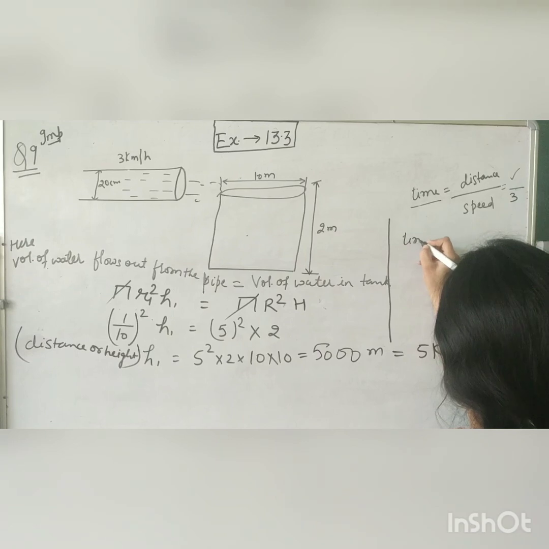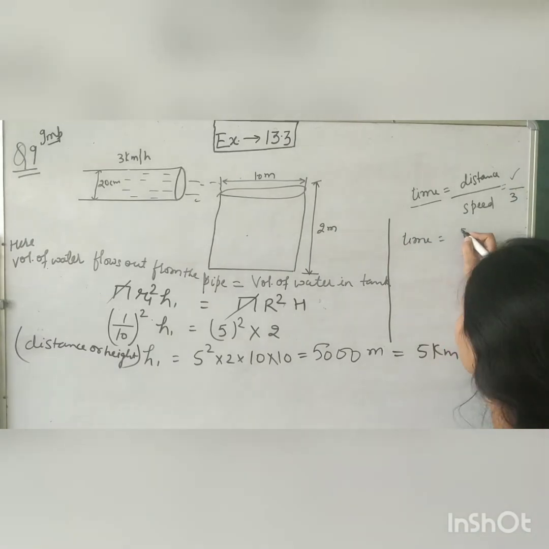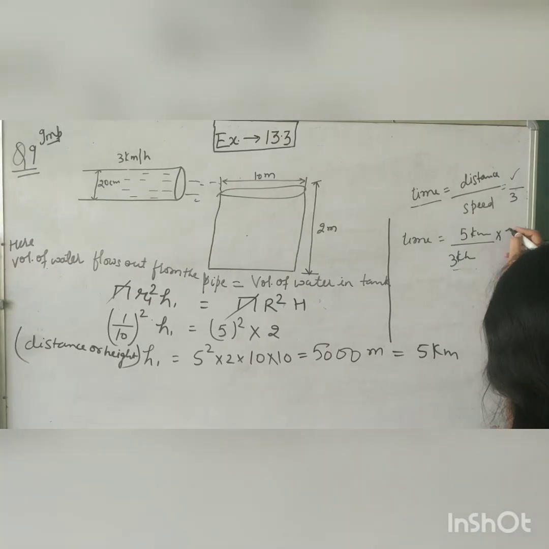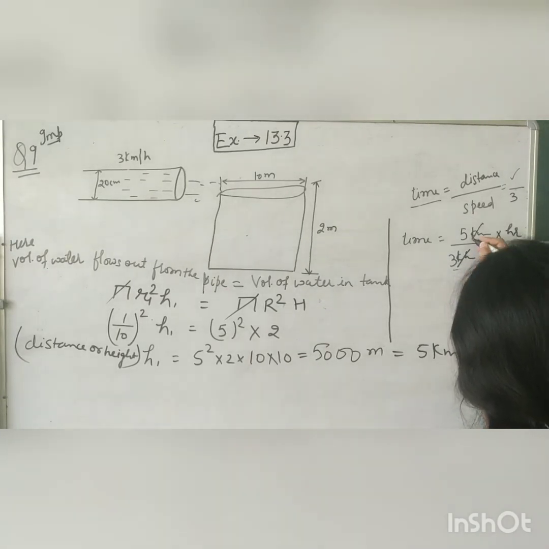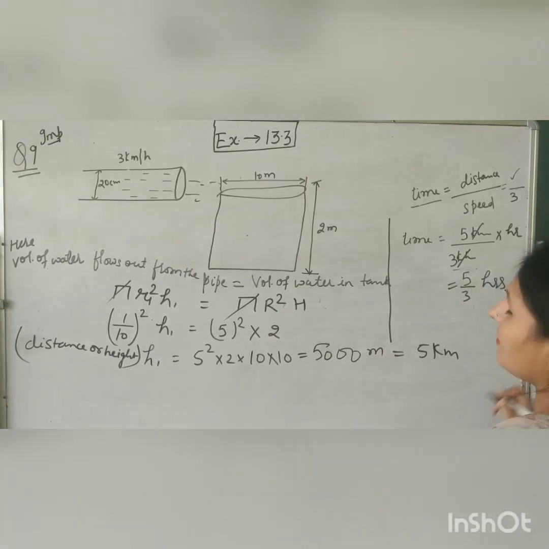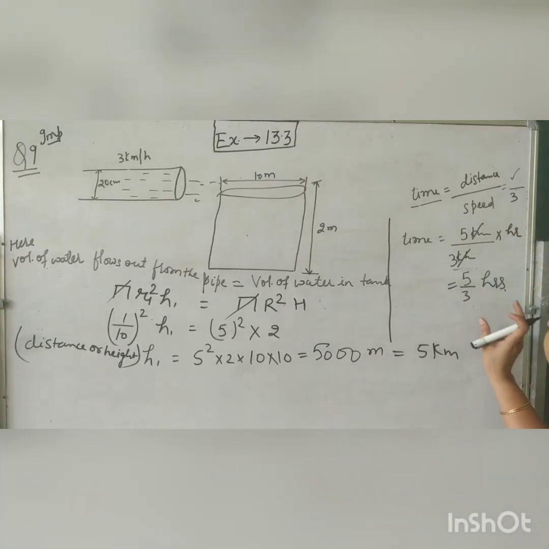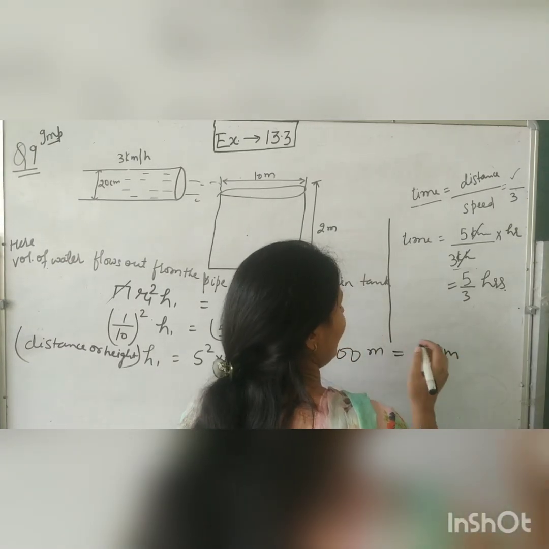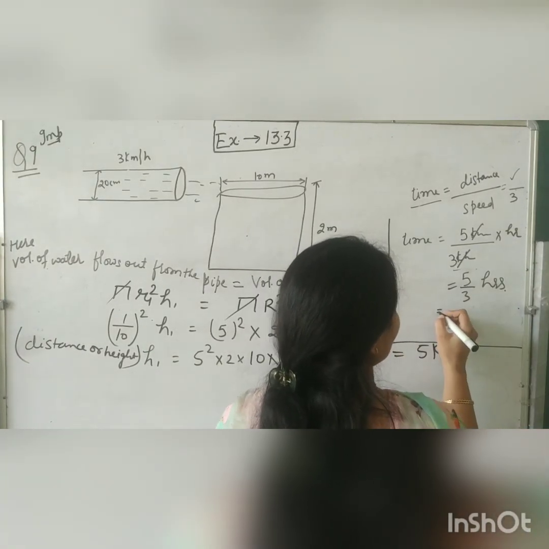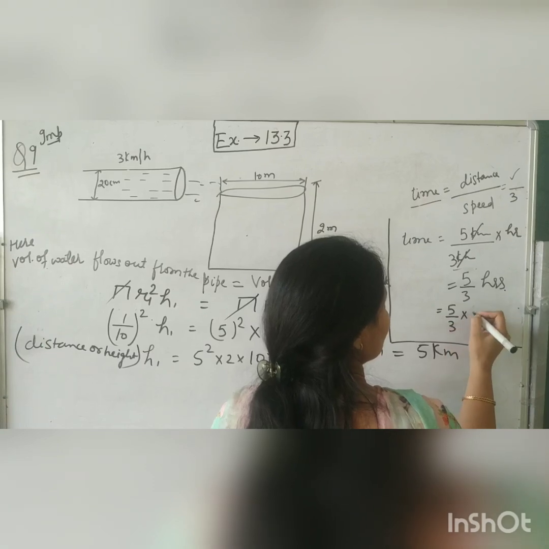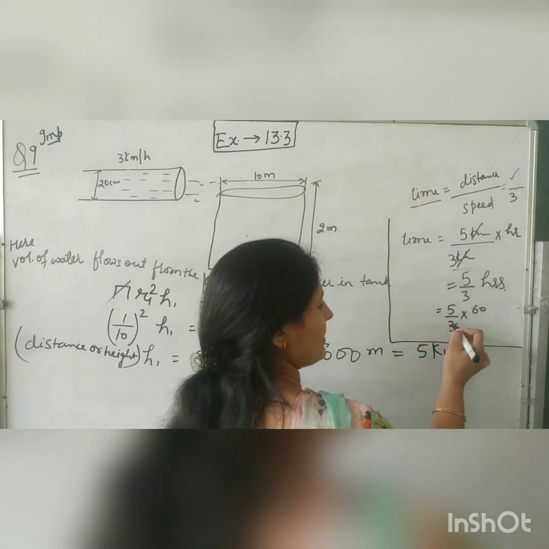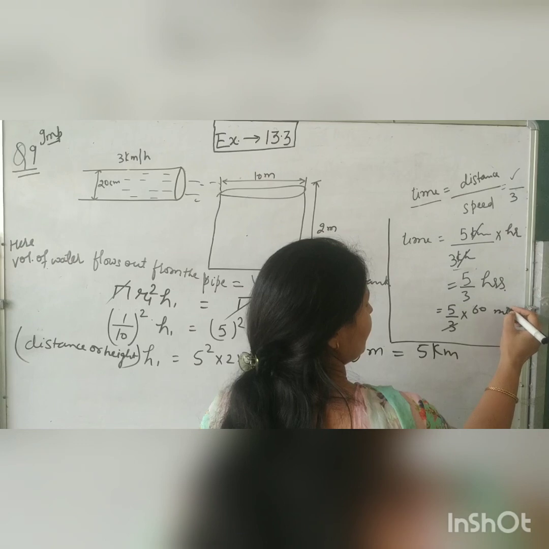Time is equal to, distance is 5 kilometer, speed is 3 kilometer per hour. It will go in numerator now. So kilometer से kilometer cancel out. So time is 5 by 3 hours. Okay. Let's convert into minutes. How will we convert it? Hours to minute, multiply by 60 for converting in minute.